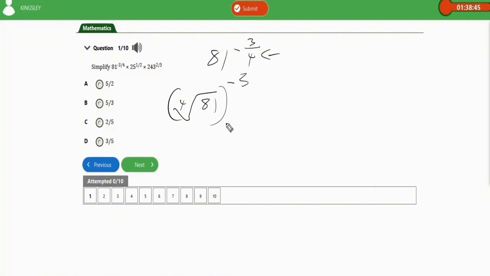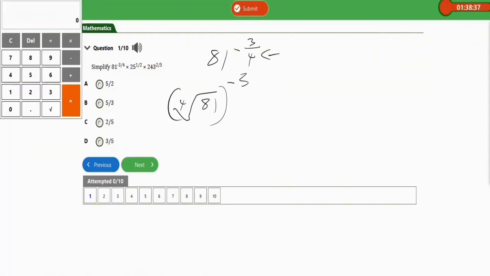So the fourth root of 81 is 3, guys. Let me show you how you can verify. The fourth root of this is 3. When you check, 3 times 3 times 3, times another 3, the output is 81. So we end up with 3 four times.